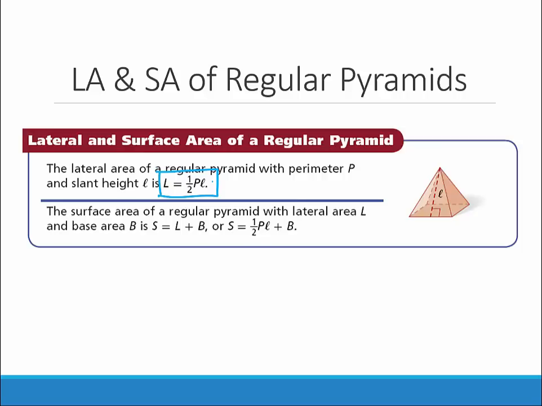This is very similar to the prisms and cylinders that we were talking about yesterday, except we have to cut it in half. We find the perimeter, and then we find out how tall it is, but it's the slant tallness. And then the surface area is that lateral area plus the base. For these, we only have one base to add on, and it's always going to be a polygon.